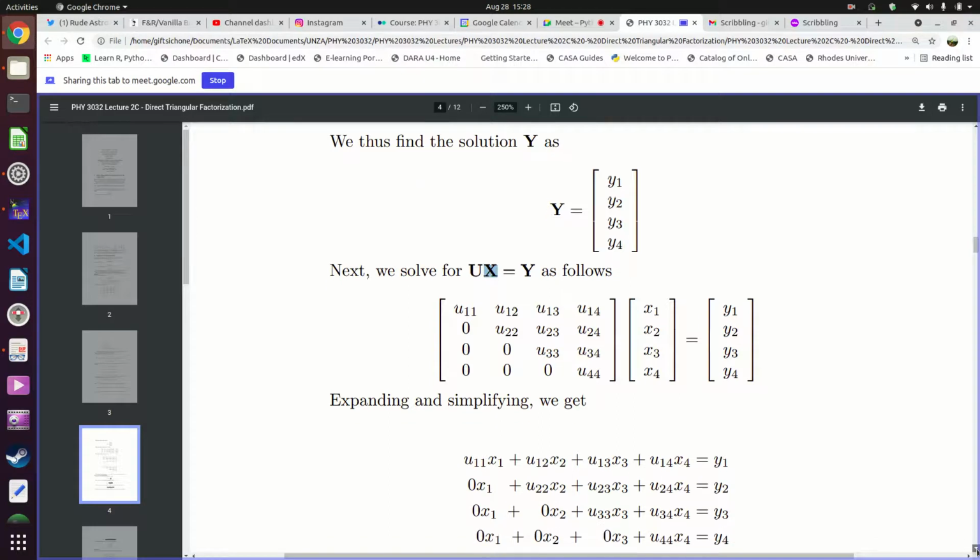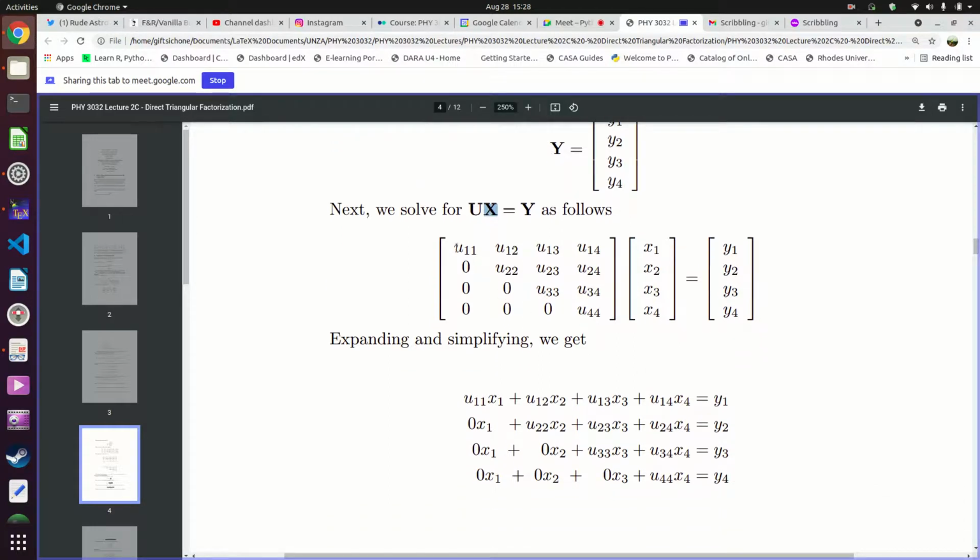Then you do the expansion. You multiply this row u11, u12, u13, u14 by x1, x2, x3, x4. You get u11 x1 plus u12 x2 plus u13 x3 plus u14 x4 equals y1. Then the second row multiplied by this column, you're going to end up with 0x1 plus u22 x2 plus u23 x3 plus u24 x4 equals y2.